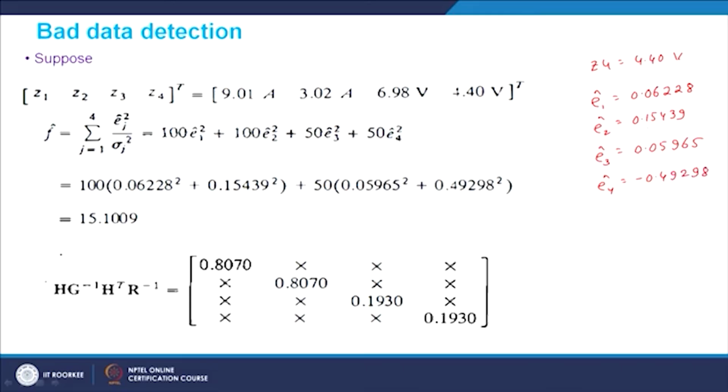When I put these values, I get that f hat is 15.1009, and 15.1009 is much greater than 9.21. So bad data is detected.